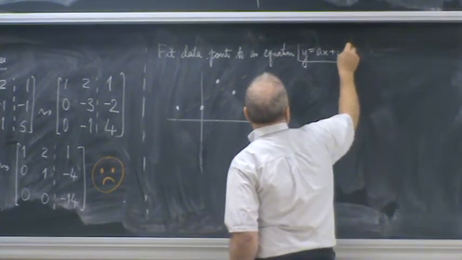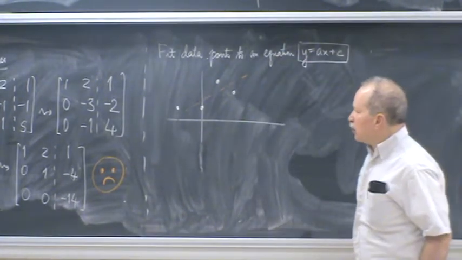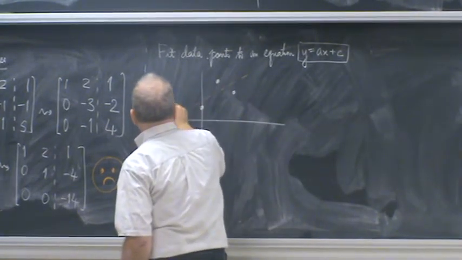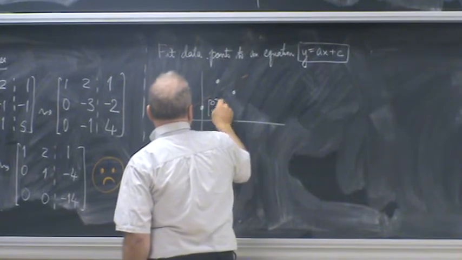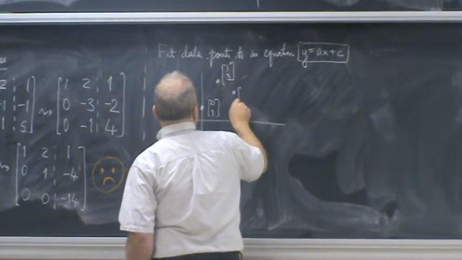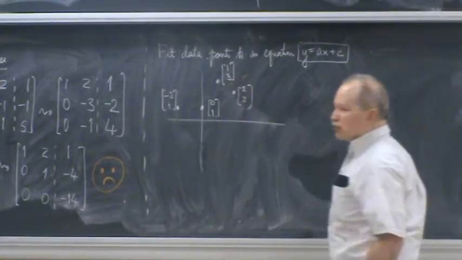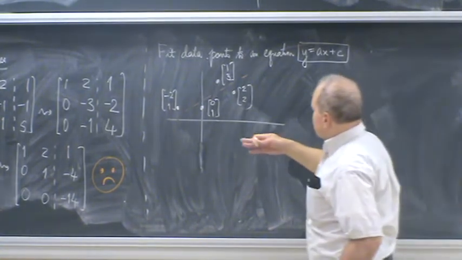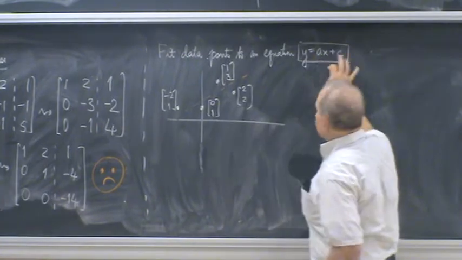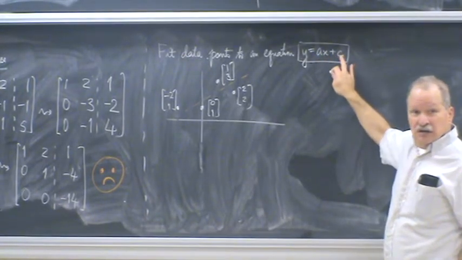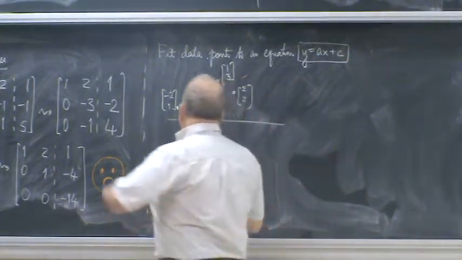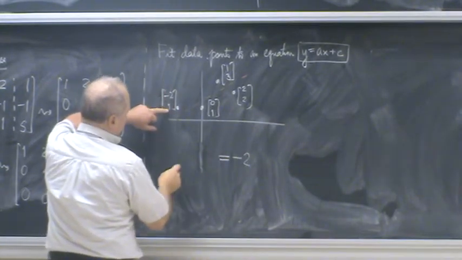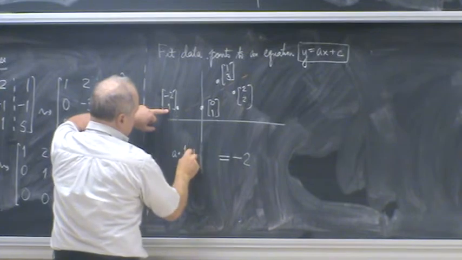Let me label these points: this is negative 2, 1, and this is 0, 1, and this is 1, 3, and this is 2, 2. If they satisfy this equation, then I would have y equals a times x plus c.